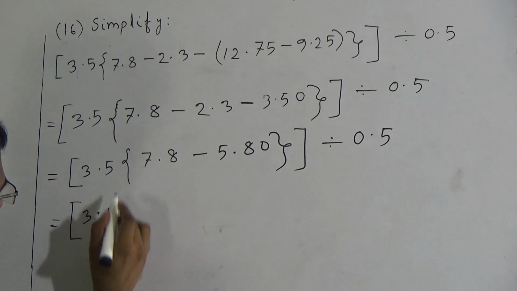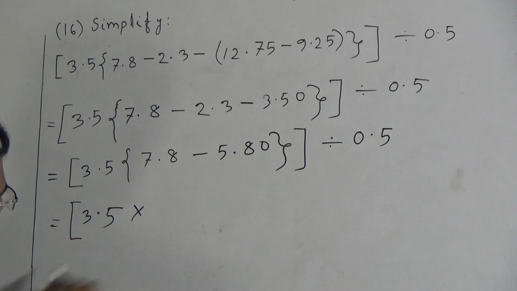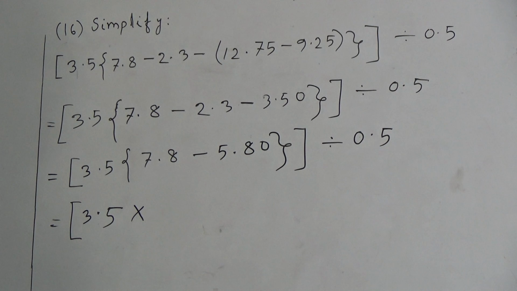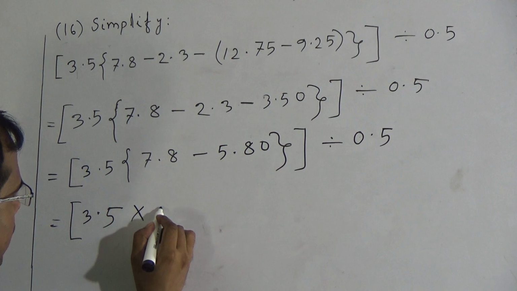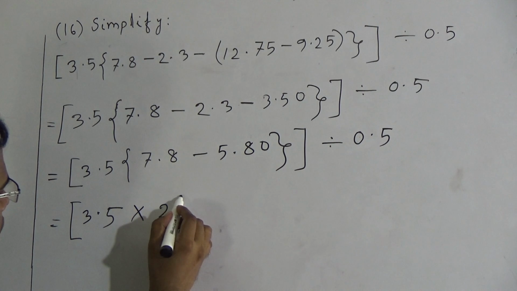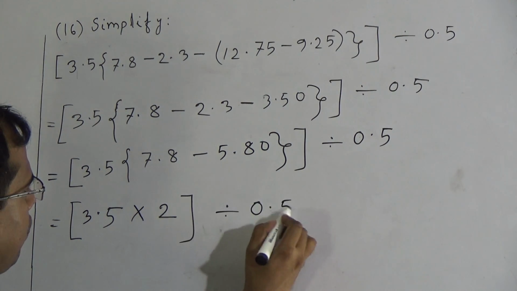Here no sign exists, so we can consider a multiplication sign exists. If we subtract 5.80 from 7.80, it will be 2.00. We need not write 2.00, we'll write only 2. 3.5 multiplication 2, then division sign 0.5.